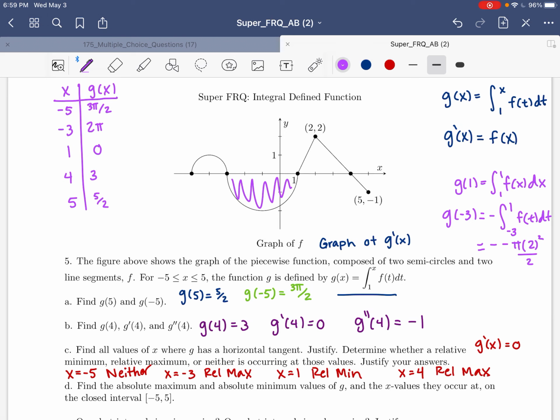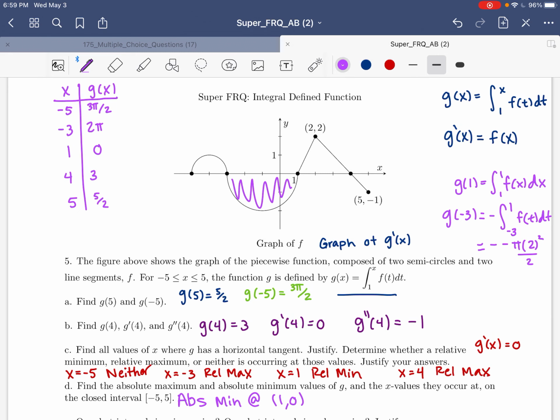Negative and a negative make a positive. So from this, we should be able to tell where our absolute max and our absolute min are. So we should have an absolute min at the point 1, 0.